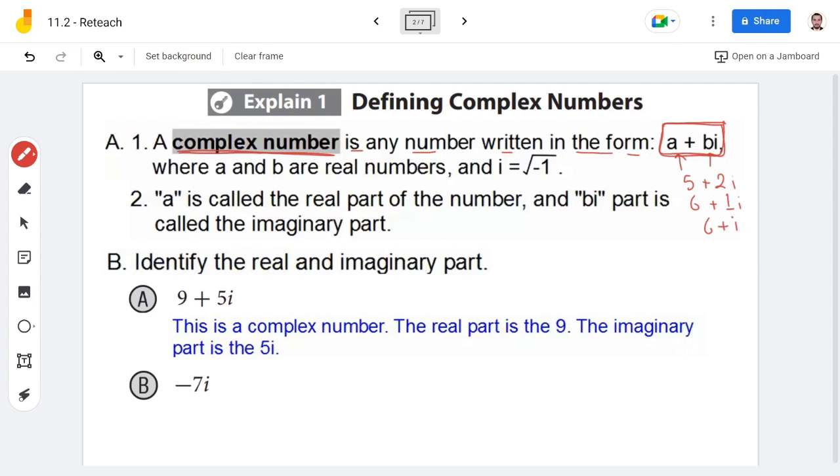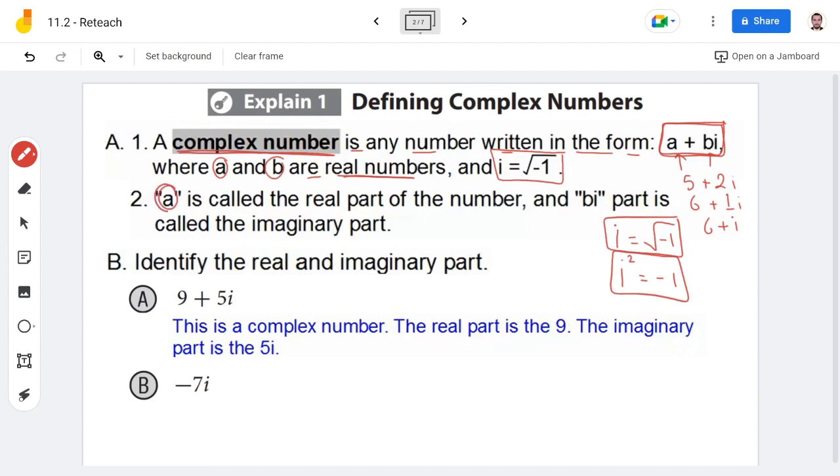Here a and b are real numbers, and i is equal to the square root of negative 1. We know that i squared is equal to negative 1. So this is from the lesson on imaginary numbers we learned in 11.1.